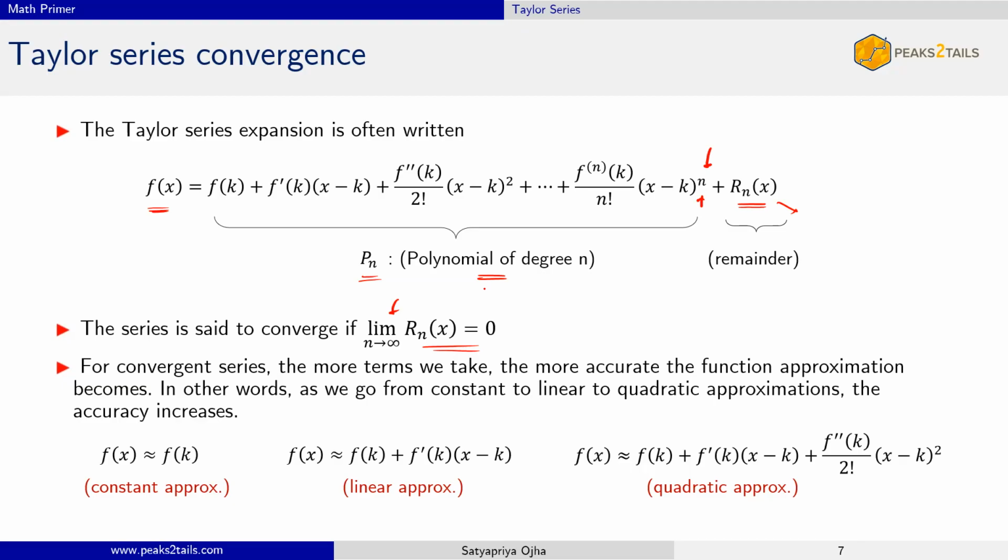Just for extra information, log(1 plus x) will converge if x is between -1 and 1, plus 1 included. If it is outside this boundary, you'll see the series diverges. The error will become more, right? It will never converge. But let's not go there at the moment. For all practical purposes, you don't have to worry about convergence at the moment.